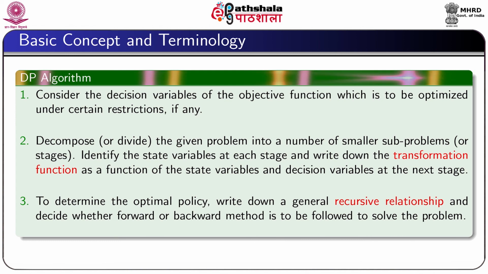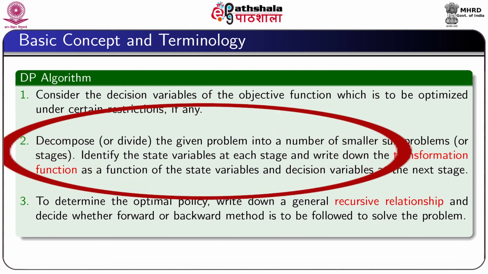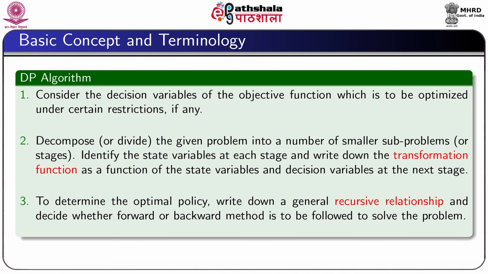We now state the dynamic programming algorithm. The computational procedure for solving a problem by dynamic programming approach can be summarized in the following steps. Step 1, identify the decision variables and specify objective function to be optimized under certain limitations, if any. Step 2, decompose the given problem into a number of smaller subproblems.